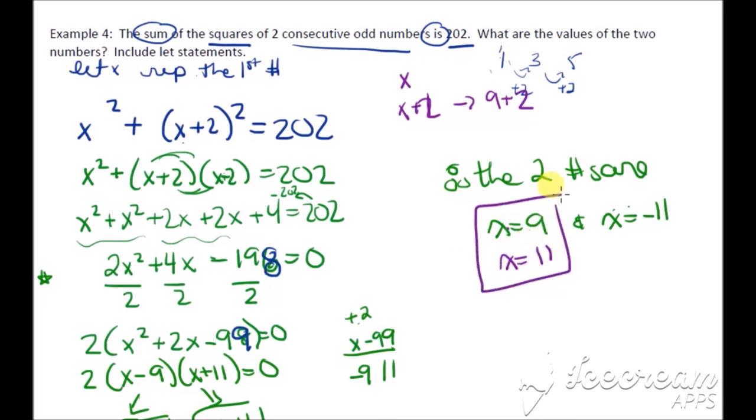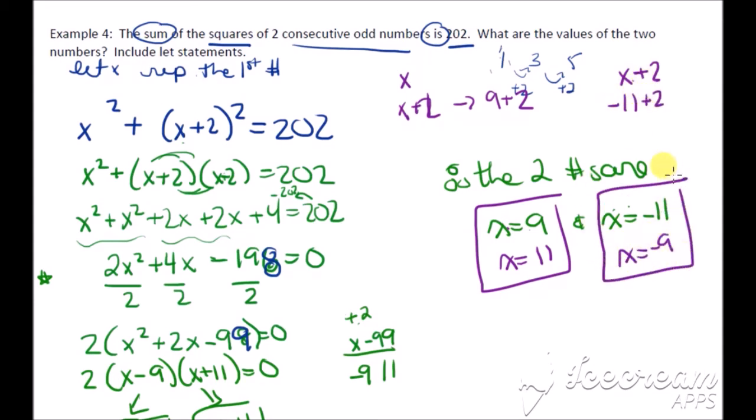That's one combination. Now, if we sub in negative 11 plus 2, we get negative 9. So that's going to be the other combination of numbers. So there are actually two different answers here, with two different x values, of course, for the two numbers.